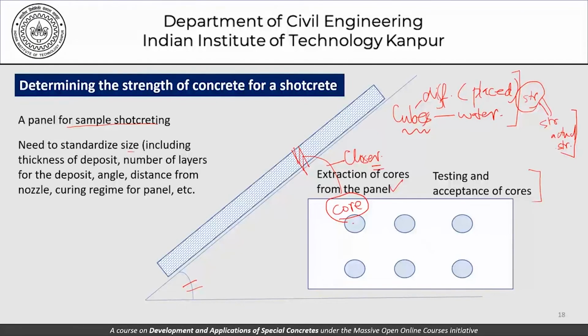So in a situation like that, if the nozzleman is carrying out the operation for slope stabilization, and as part of that process he is also casting a panel which is later used to extract cores which are tested in strength to determine the strength of the concrete in the slope stabilization, that operation is closer to reality than cubes being taken from the concrete and they being tested for strength and are trying to make an assessment of the strength of the concrete in the actual structure, because these panels can then be cured under identical conditions as the actual structure.